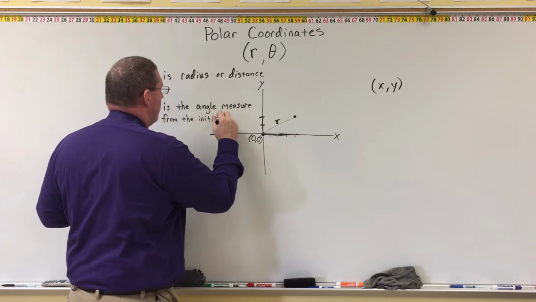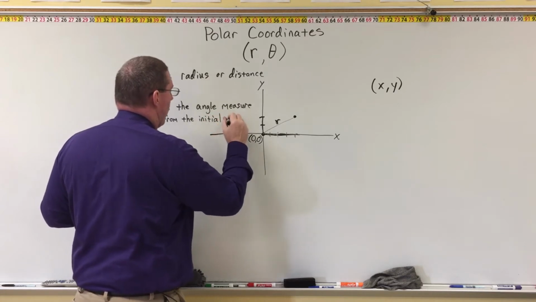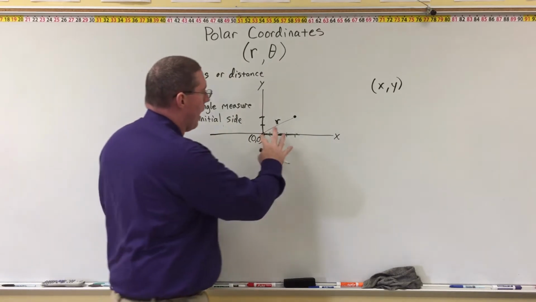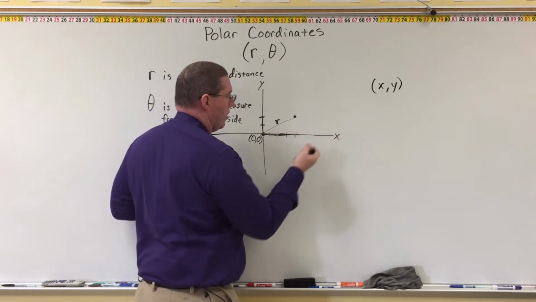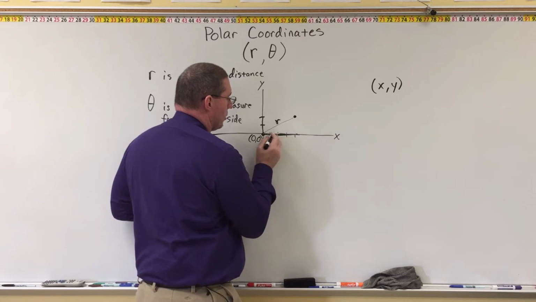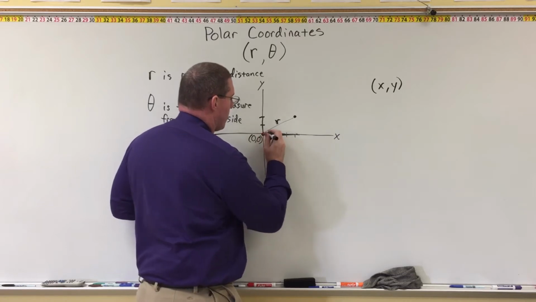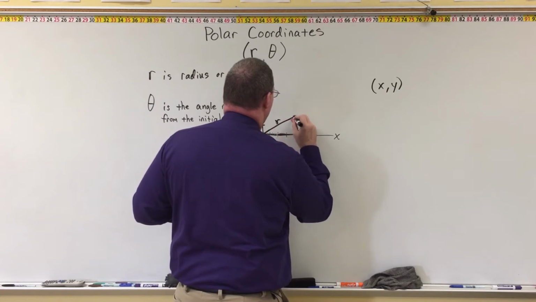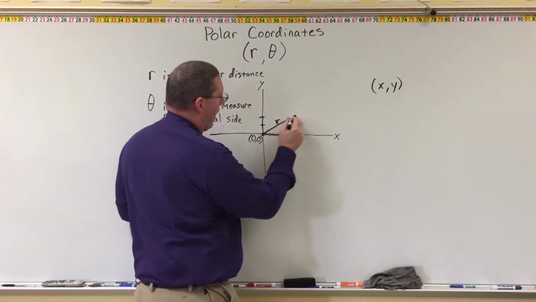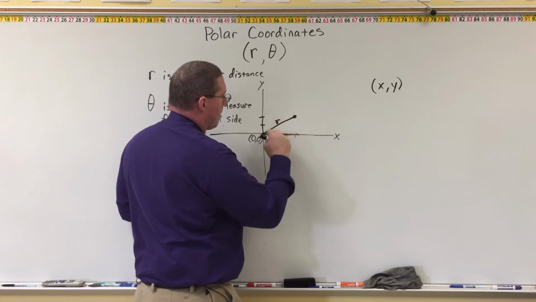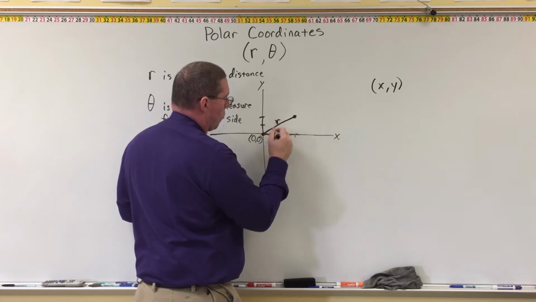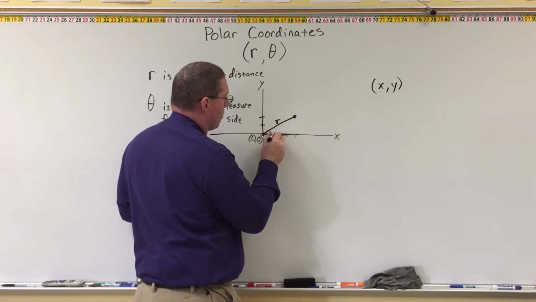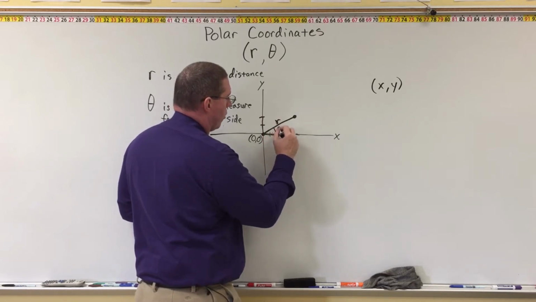Now, we have been using, and will continue to use, the positive side of the x-axis as the initial side. And so this angle measure right here, from here up to this line, so we have this radius that goes from the origin out to the point, and then that line segment, which has a distance, or r, also has an elevation up from the x-axis, which is theta.